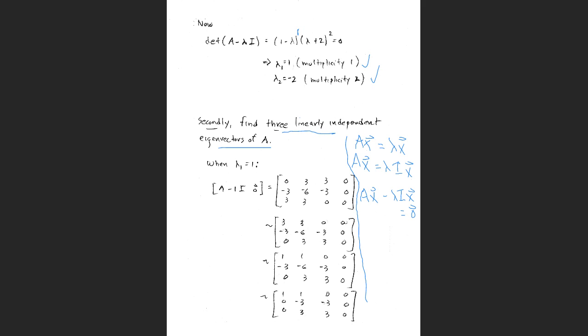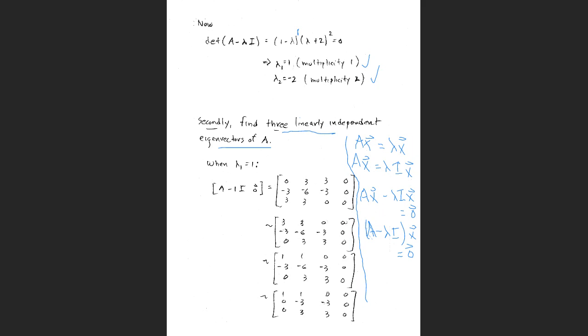And so that means A minus lambda I times the vector X is equal to the zero vector.